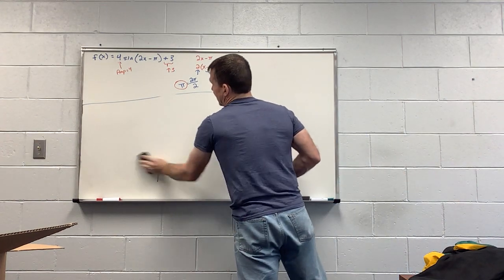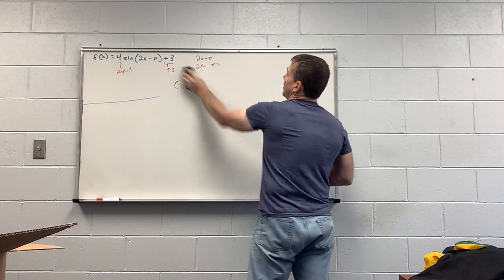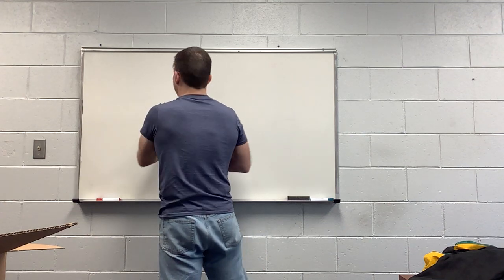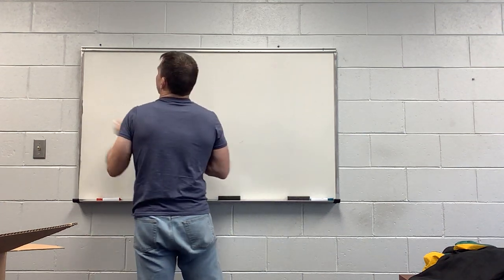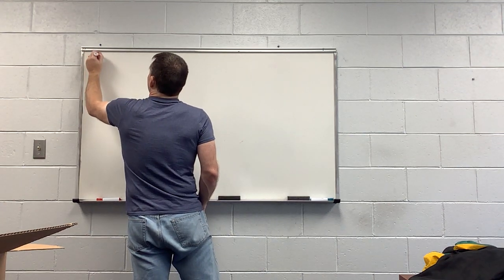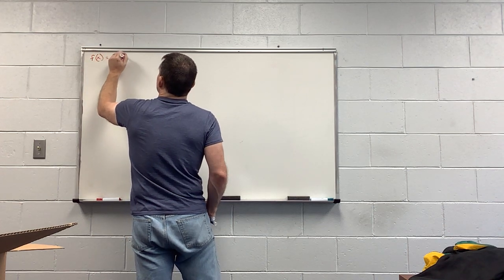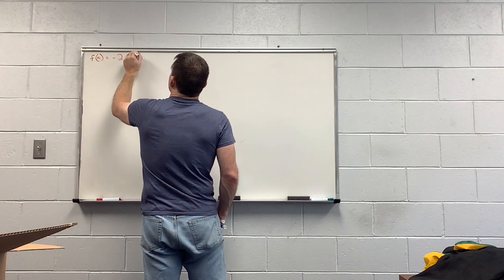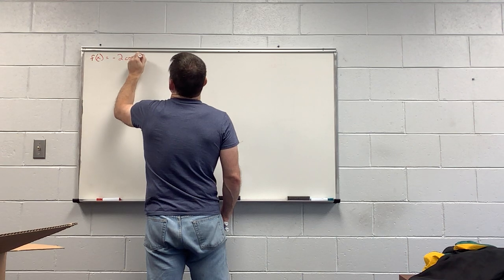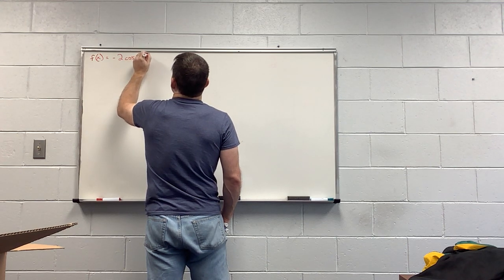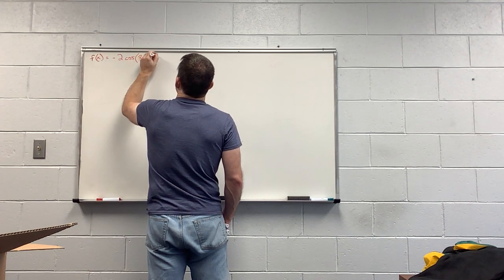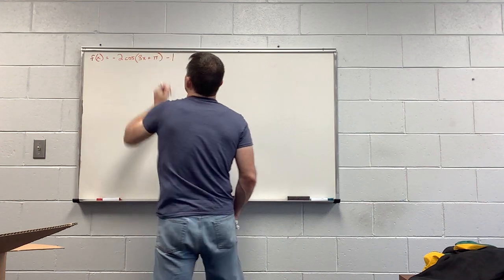Now, we can do one more. Do a cosine wave for fun. So f of x equals -2 cosine of 3x plus pi, minus 1.